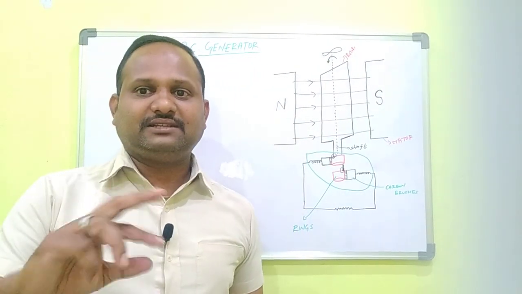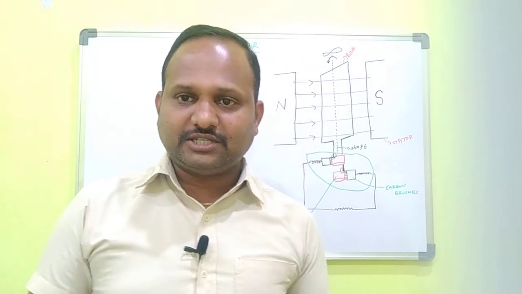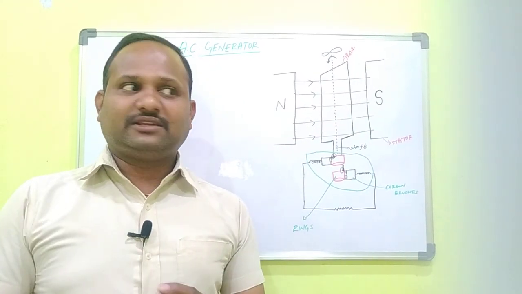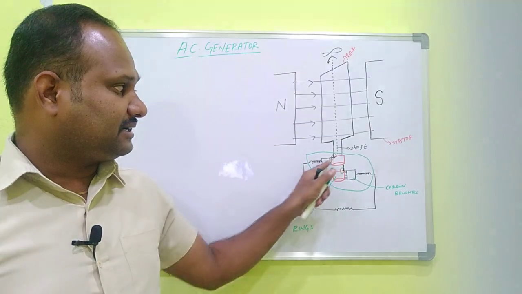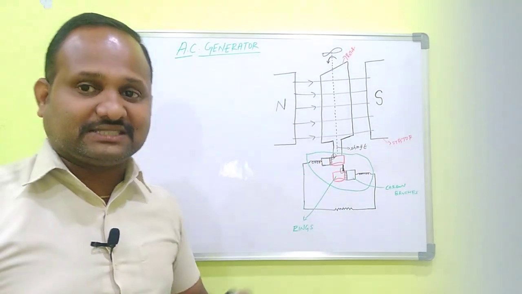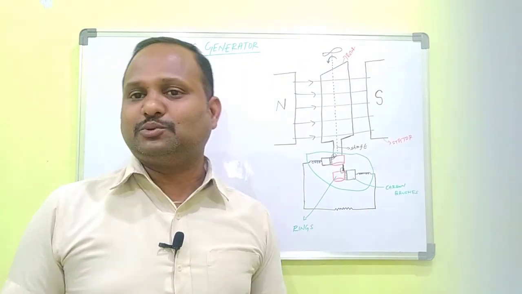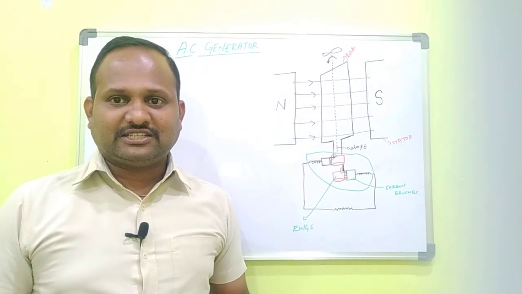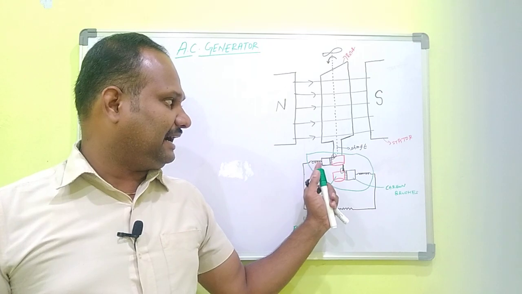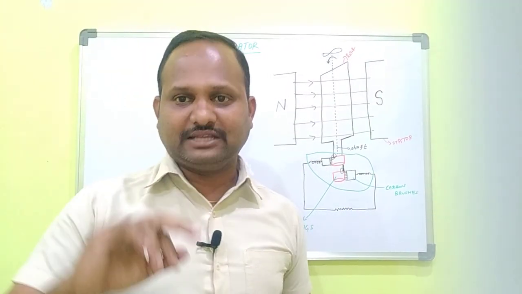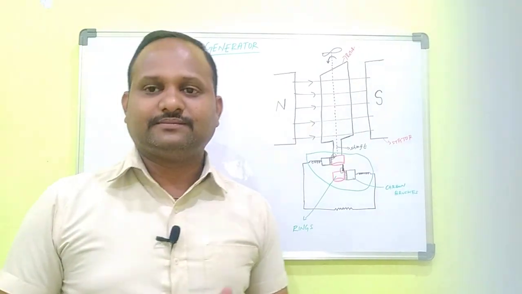The meaning of commutator is transferring. Here these two act as the commutator, which transfers the electrons from the rotor coil to the external circuit. The transferring of electrons takes place by the action of these rings and the carbon brushes, so they are collectively called the commutator.